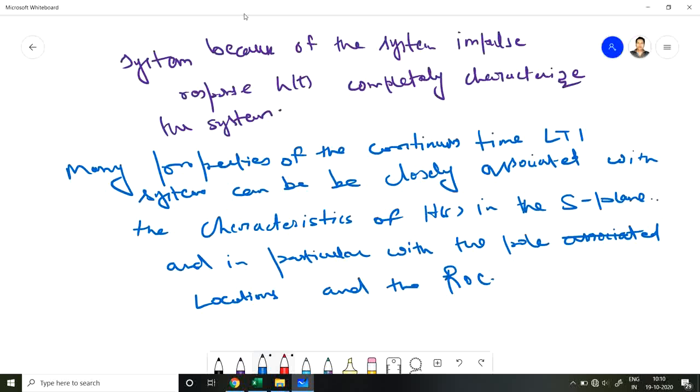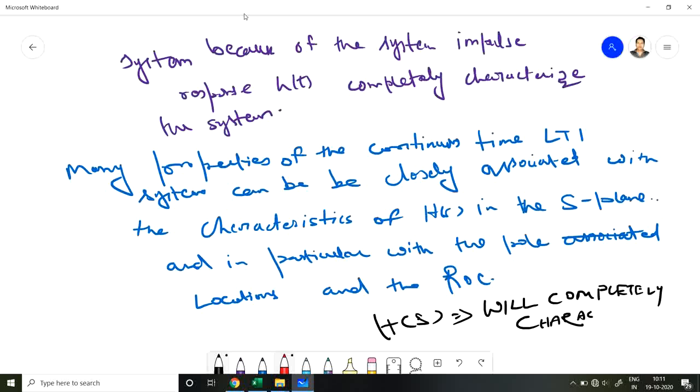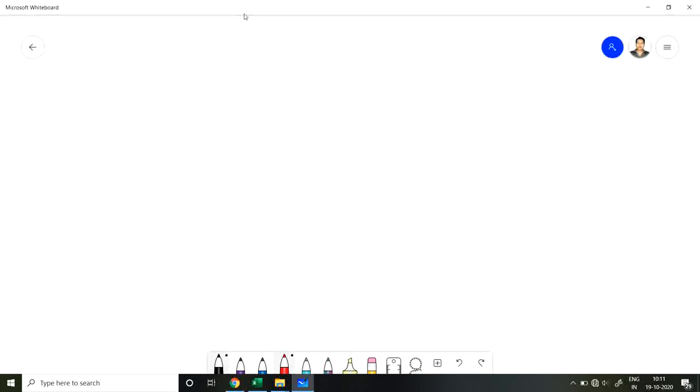If we know the transfer function H(s), then H(s) will completely characterize the system.